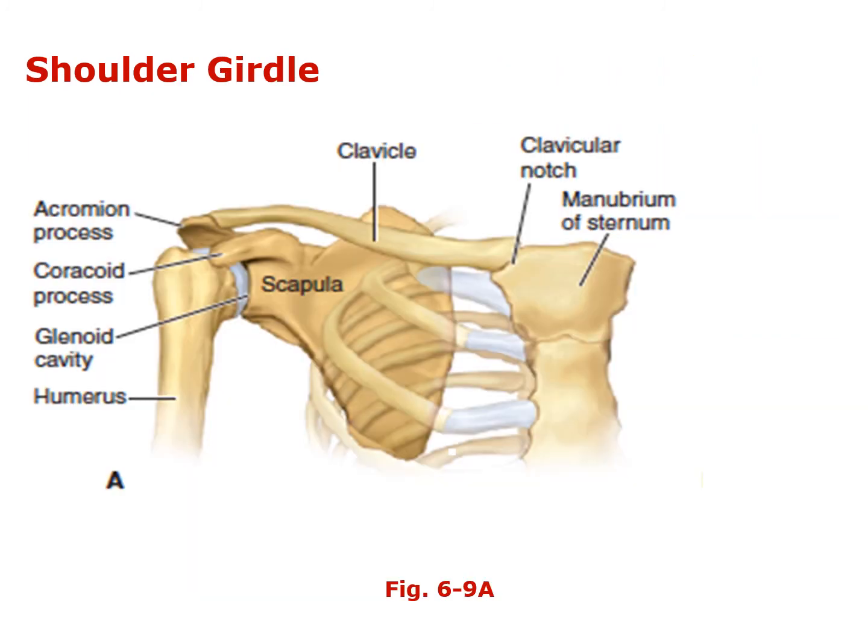All right, so shoulder girdle, again, scapula and clavicle. It has the acromion process up here, and that's a projection. You can feel for the acromion process when you are going to give a shot. You come on down, you can feel the process on the outside of the humerus right there.